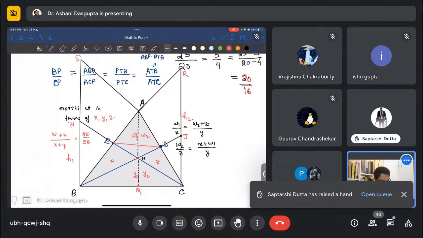MQ is not a perpendicular, by the way. Okay, then make a perpendicular.